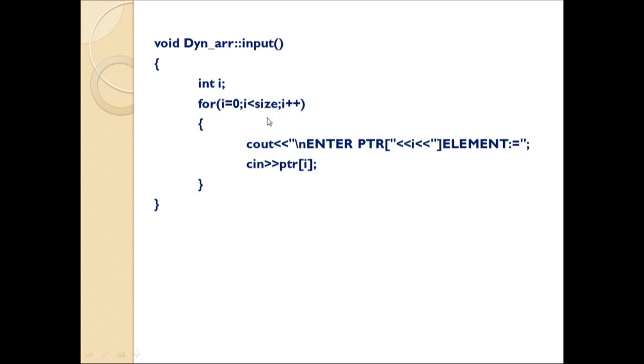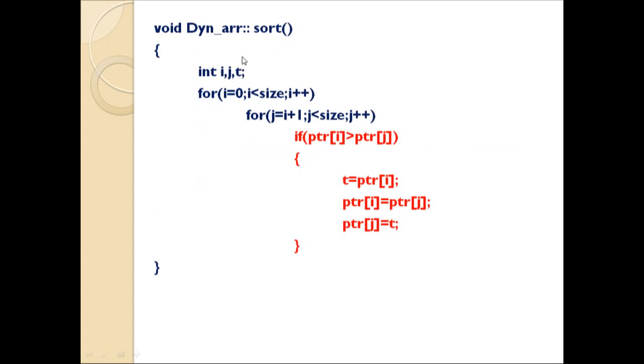For int i, a for loop we are using till the size, we will accept the element, and then cin ptr[i]. So suppose the size is 5, then i will start from 0 and it will run from 0 to 4, and as soon as the condition becomes false, the loop will stop working, and control will move out from this function. Then there is a function given, sort.